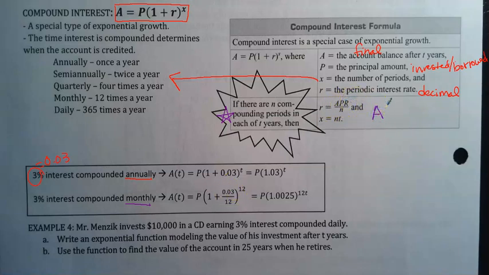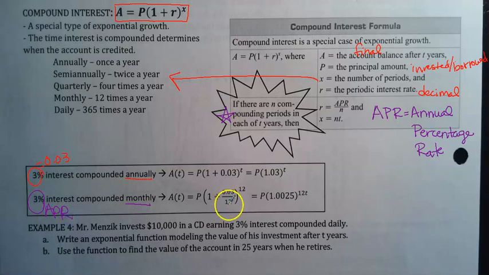APR stands for annual percentage rate. So it's our APR divided by n, the number of compounding periods. N is the number of compounding periods. Since it's monthly, it's 12 times a year.